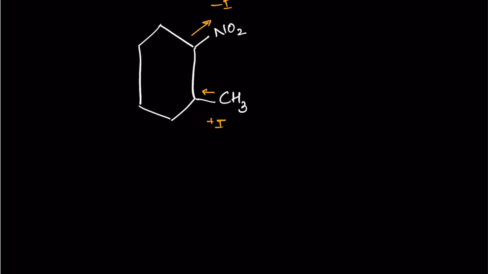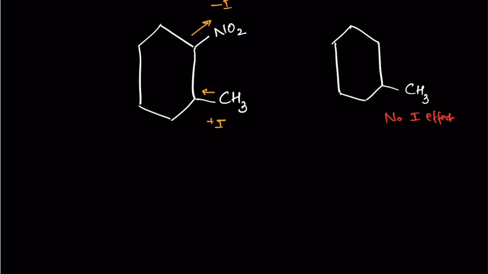Interesting, but what if we have a structure like this, where there is only a CH3 group attached? What is the I effect here? Is it +I? The answer is there is no inductive effect.